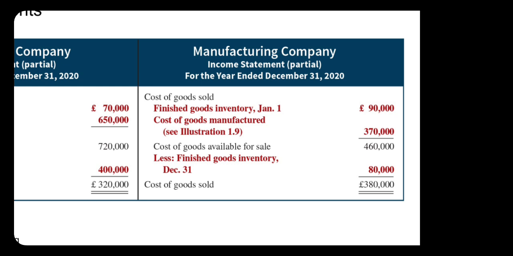In this example, the total is £460,000, and then minus the finished goods inventory. In this example, £80,000. The cost of goods sold for this manufacturing company is £380,000. So this is how to calculate the cost of goods sold for a manufacturing company.